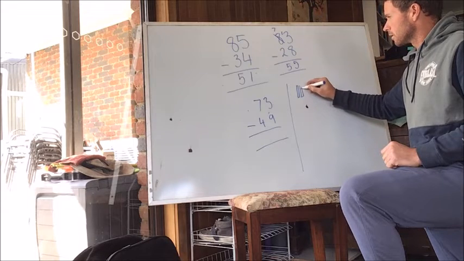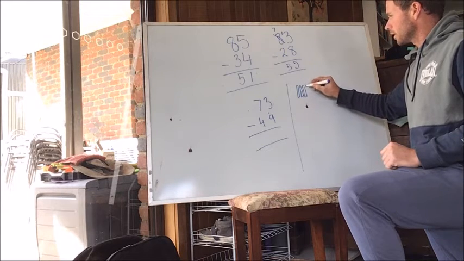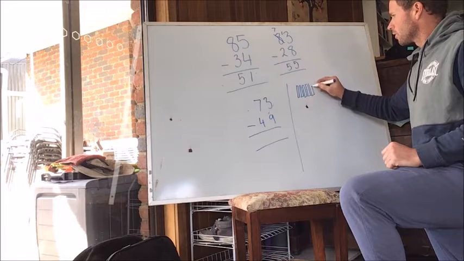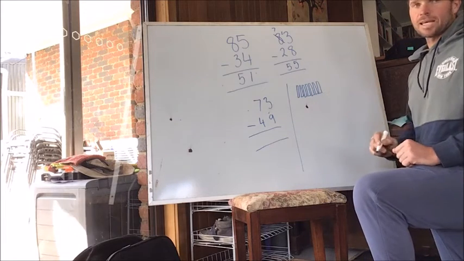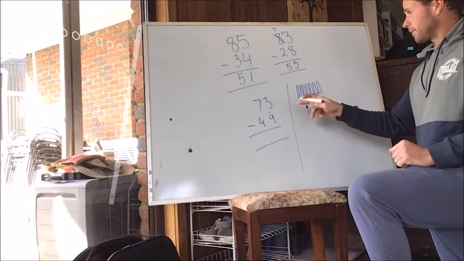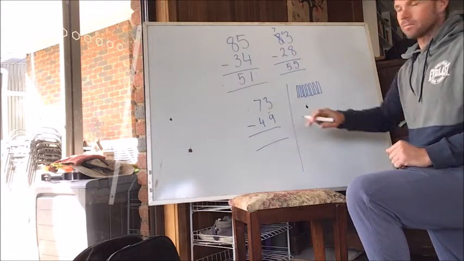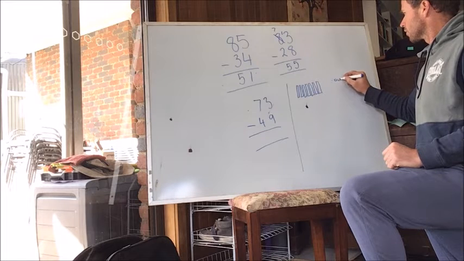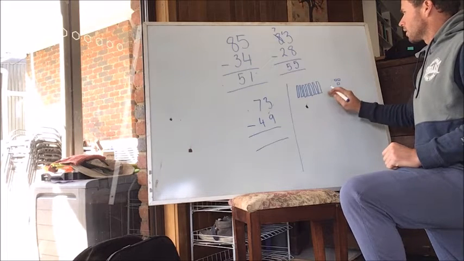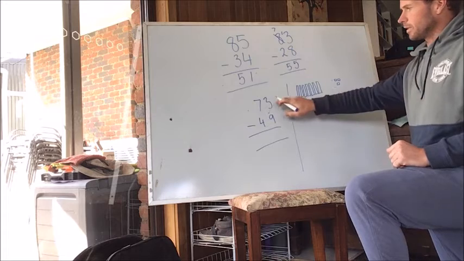So we've got 1, 2, 3, 4, 5, 6. So we've got 7 tens. So that makes up my 70 over here. Okay. Then I need to have my little units. So this number here is 73, like up there.